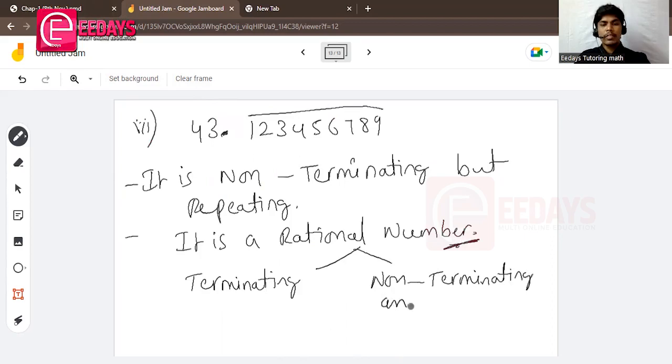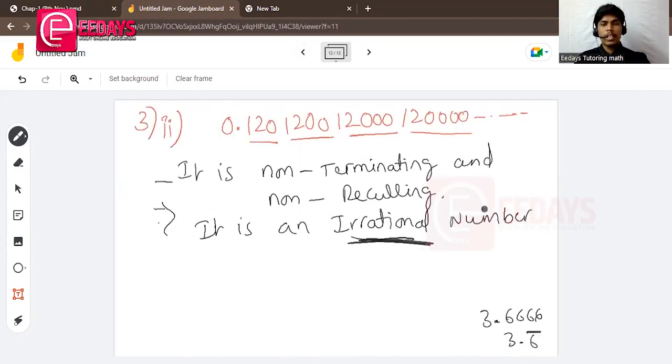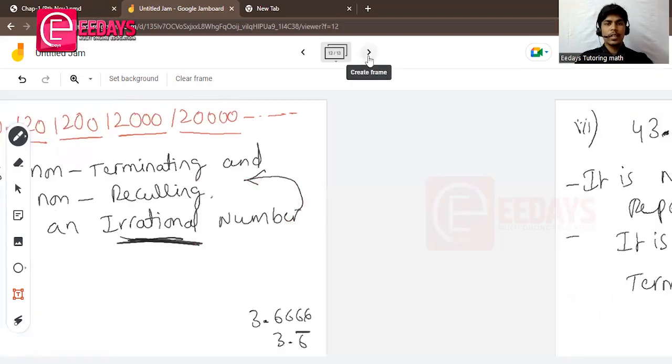Recurring or repeating, whatever. So these are the conditions for a rational number. For an irrational number, the only condition is non-terminating and non-recurring. This is what we already learned in the previous session.